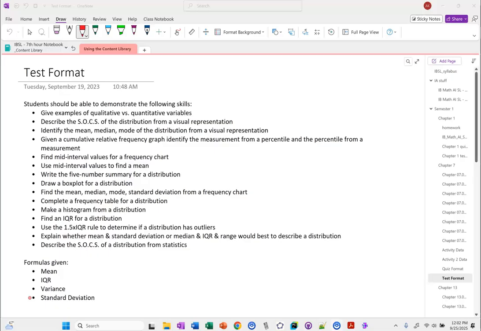For spread, what are the possible measures that we would give for spread? IQR is one. Standard deviation is one. Range would be the last one that you might give. When should you use IQR or range?